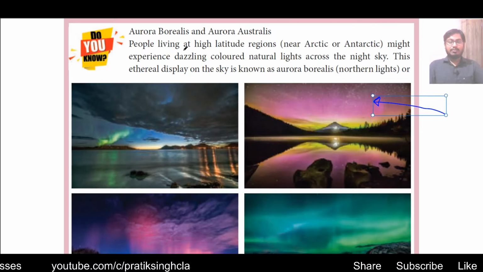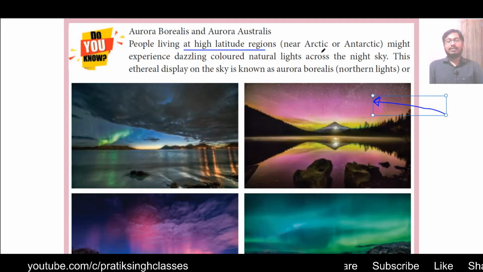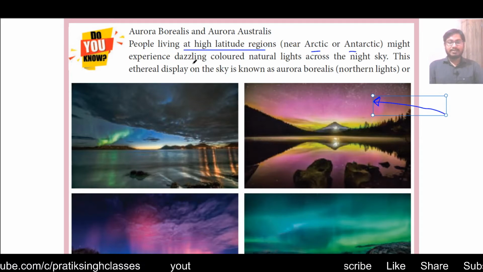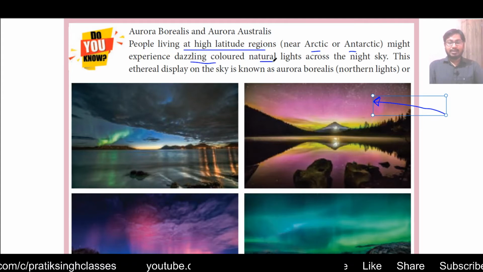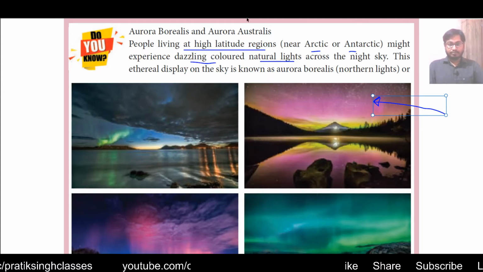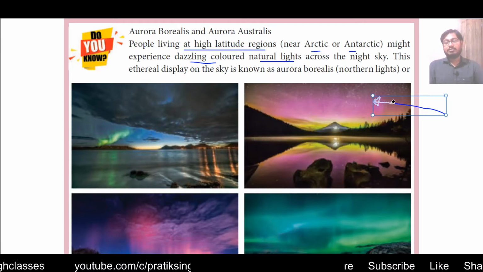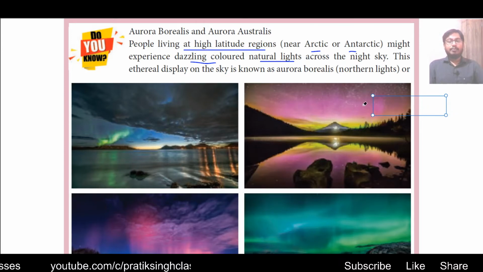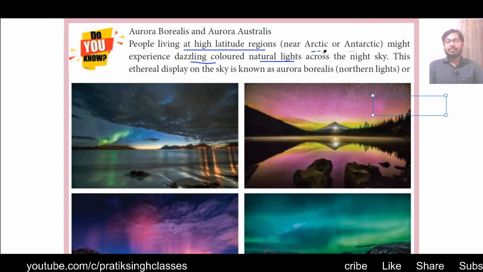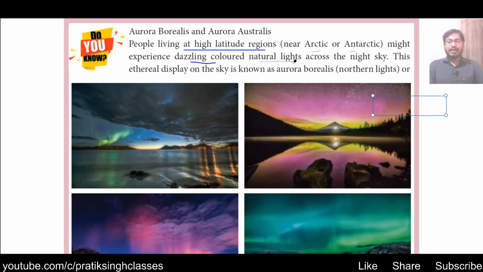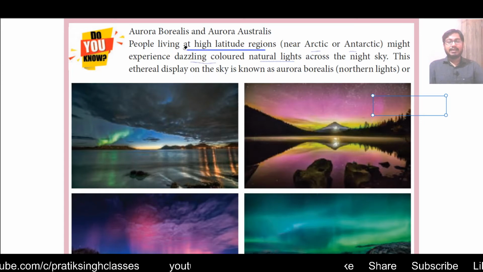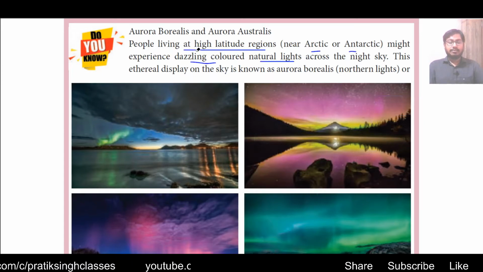People living at high latitude regions, near the Arctic Circle or Antarctic Circle, might have experienced dazzling colored natural light across the night sky. It happens 24 hours, but in daytime, because of the dazzling light of the sun, we can't see it. At night it is calm in the sky and we can see this colorful dancing in the sky.